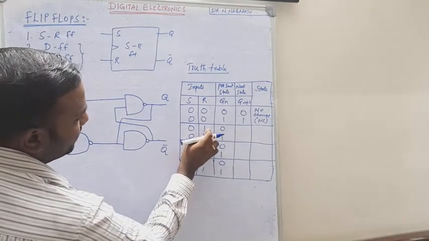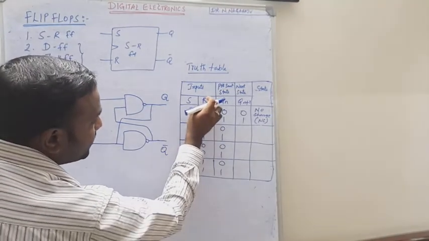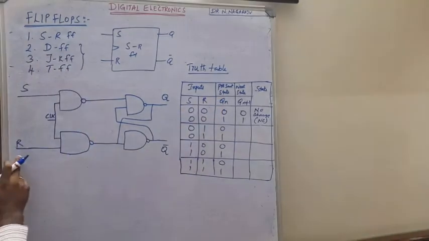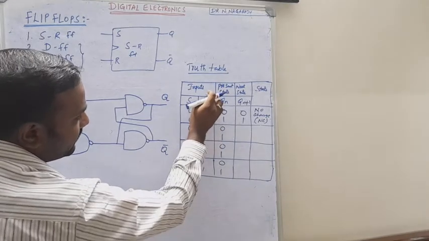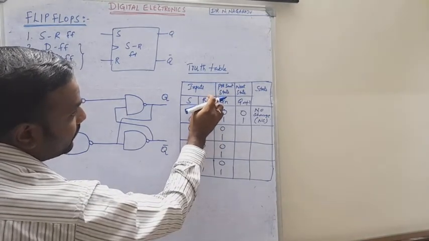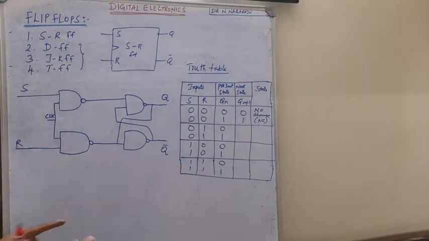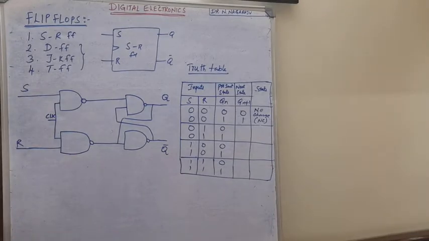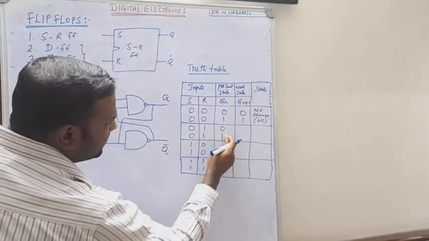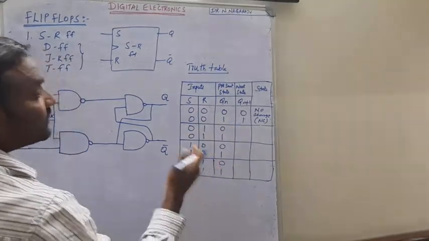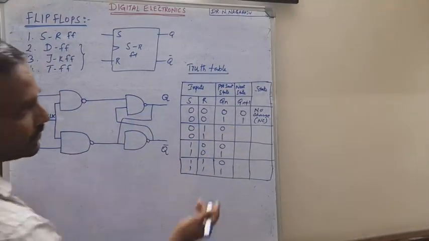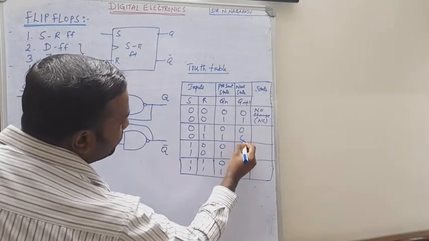Here 0 1 is there. The 1 indicates R, which is reset. Reset indicates 0. So whatever the value in the present state, whether it is 0 or 1, the next state must be reset, so you will get 0 0.